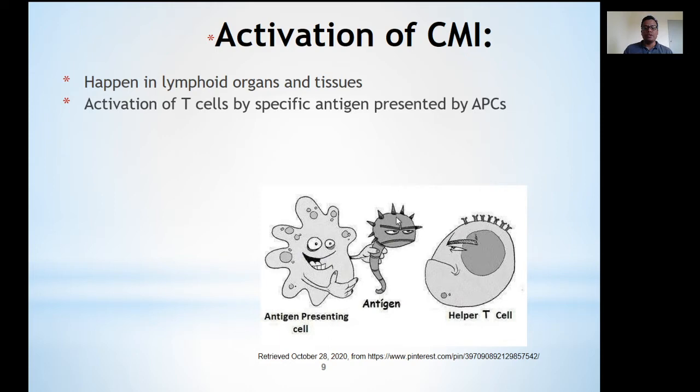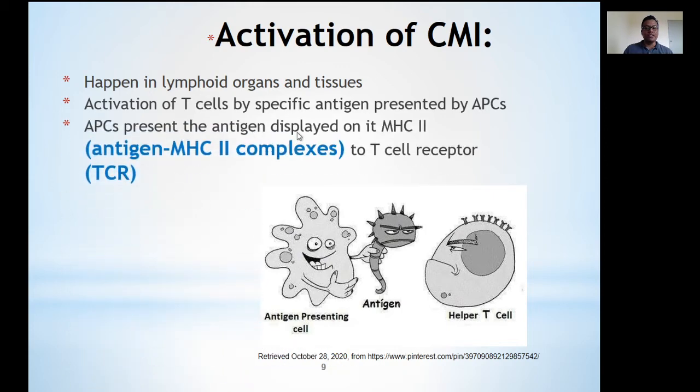So the antigen on the MHC class 2 will be presented by APCs to the helper T cells, and the helper T cell looks at the antigen using the TCR. So using the TCR is how the T cell will recognize the antigen presented by APCs.